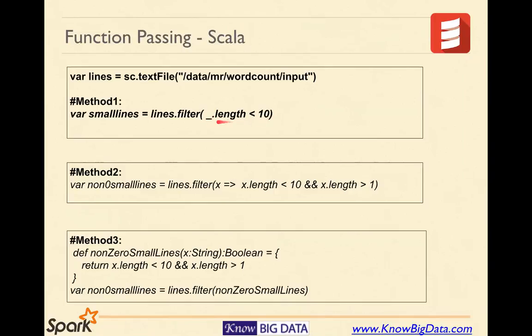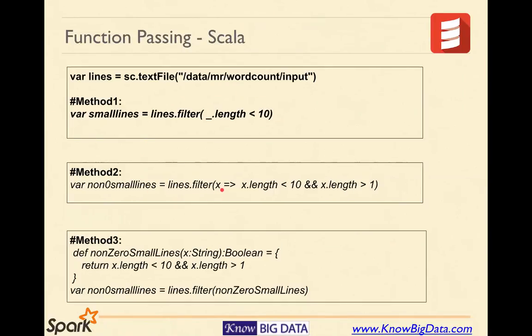This is a very simple way of creating a function which returns true if an individual line has fewer than 10 characters, if you want to gather only those. This is the most simplistic way of calling a function.